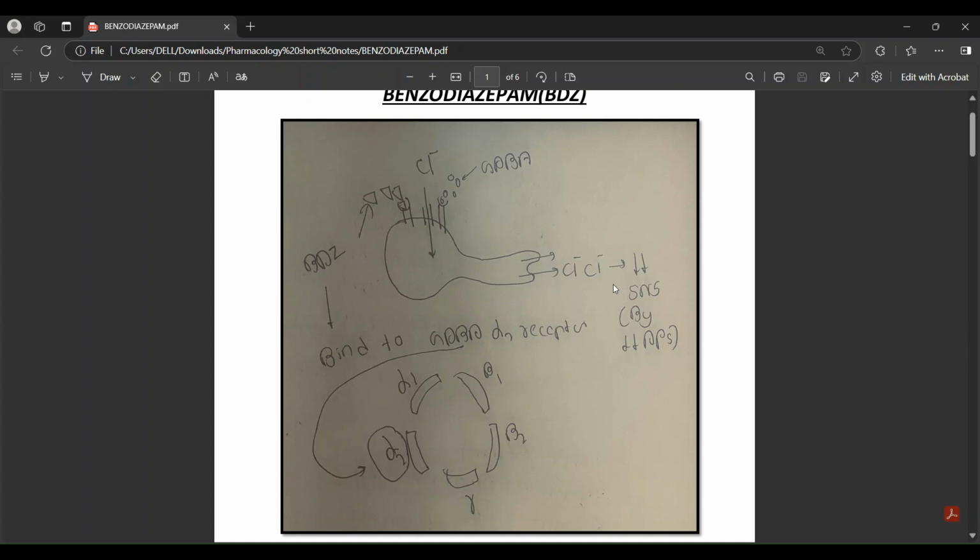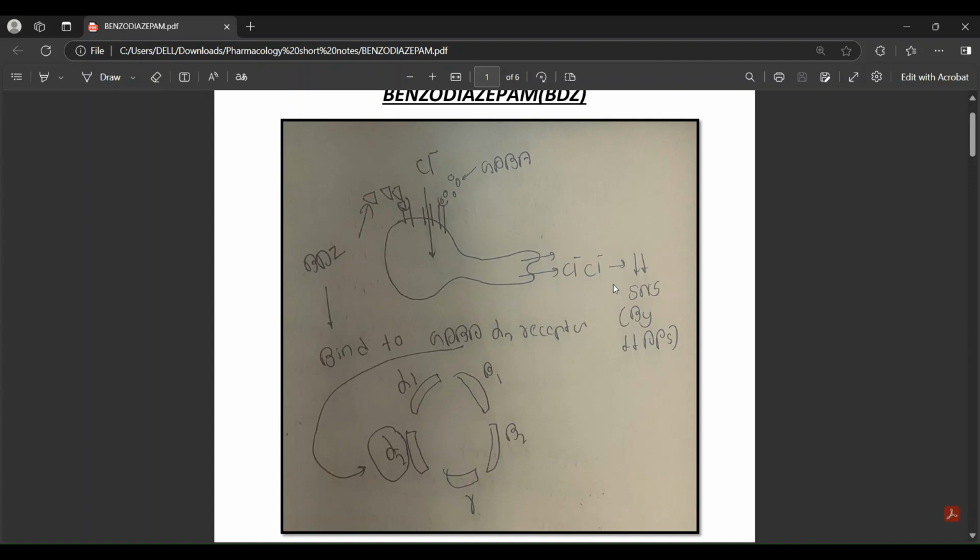Benzodiazepine drugs bind with an adjacent receptor, GABA A alpha 2, and enhance the action of GABA when it binds with the receptors, and it increases the frequency of chlorine going through.